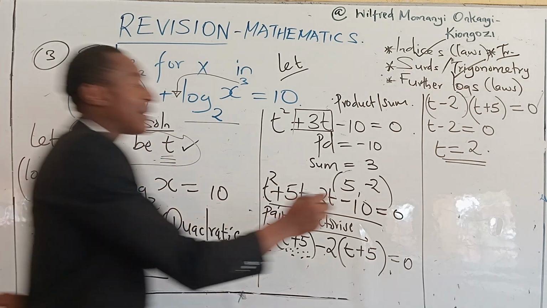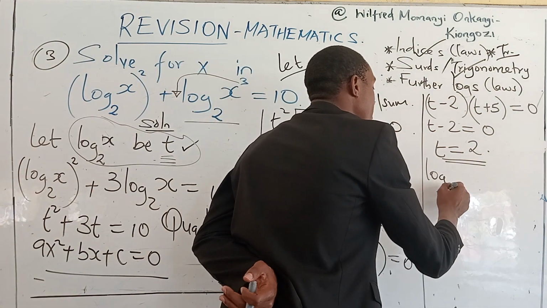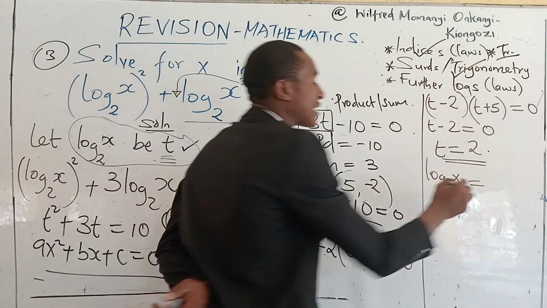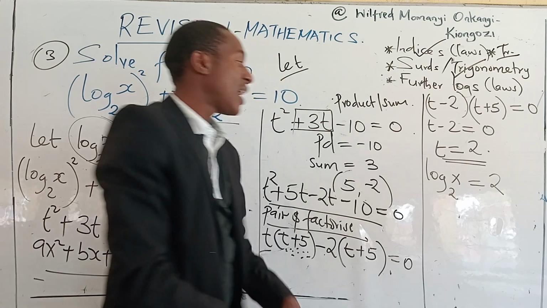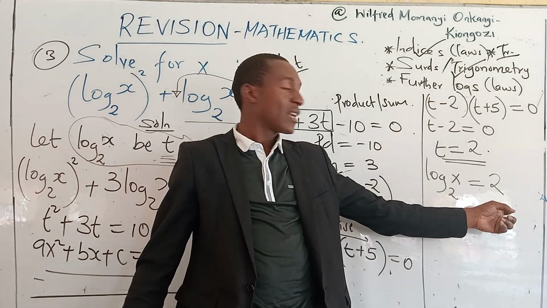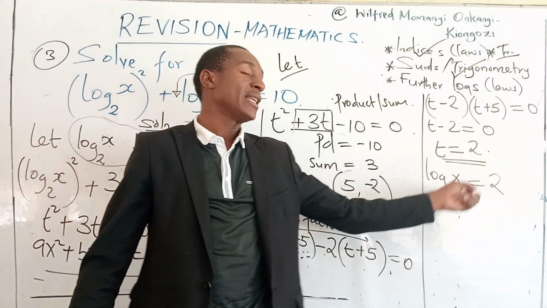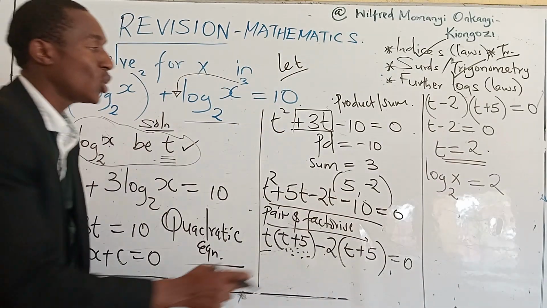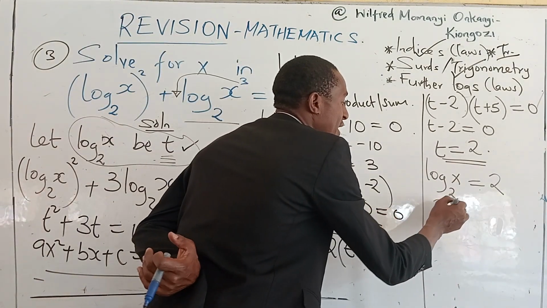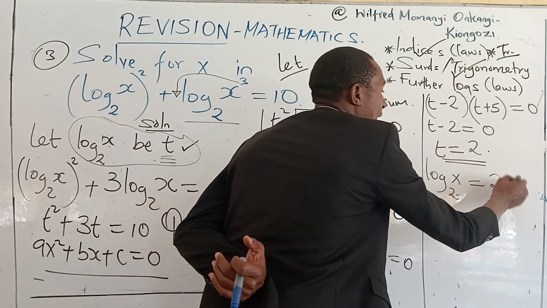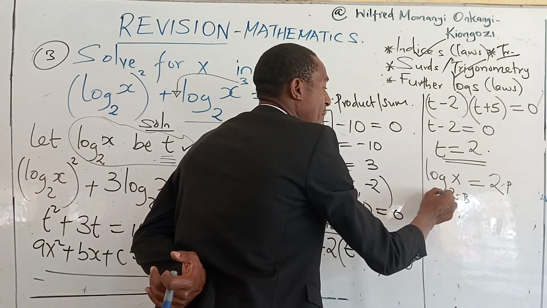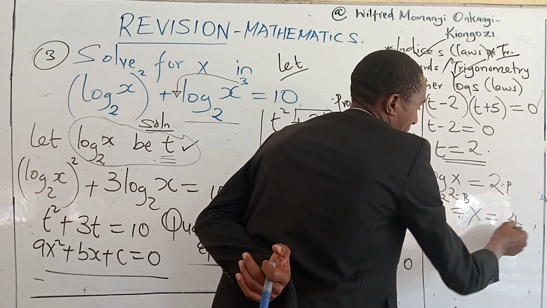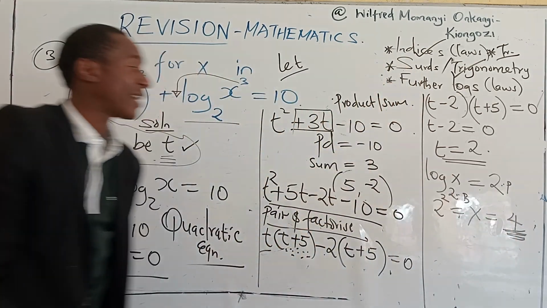Remember, log base 2 of x was t. And because t is now 2, this is a logarithmic notation. You write it in index form, power form. So you will say 2, this is always the base, and this is the power. So 2 power 2 is equals to x. So the value of x is 4. That is the first value of x.